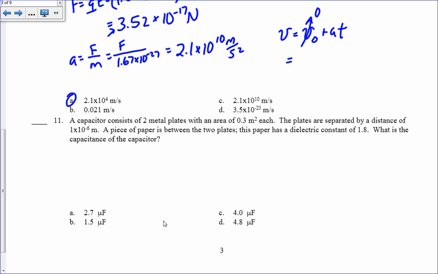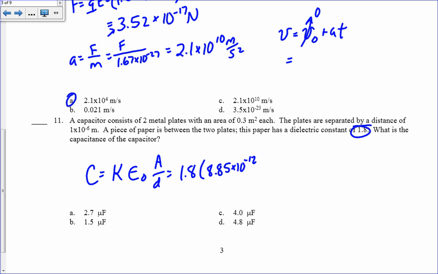Capacitor consists of two metal plates. There's the area, the distance between them, and it has a dielectric. What is the capacitance of the capacitor? Well, C is equal to kappa epsilon naught A over d. That's 1.8 dielectric, 8.85 times 10 to the minus 12. That's on your equation sheet, permittivity of free space.